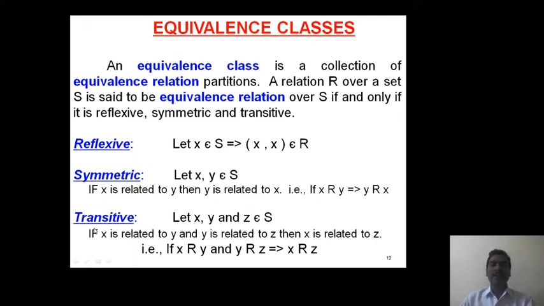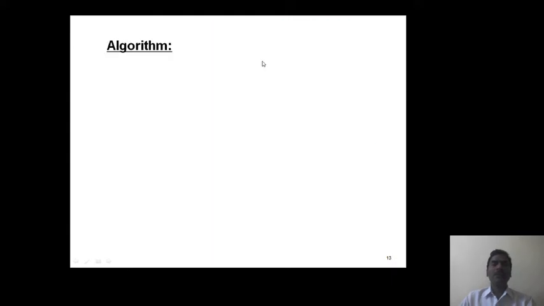So if the relation satisfies these three properties, it is referred to as an equivalence relation. When we place such equivalence relations, the class is treated as an equivalence class. Now, to generate such equivalence classes, let us consider a generalized algorithm.